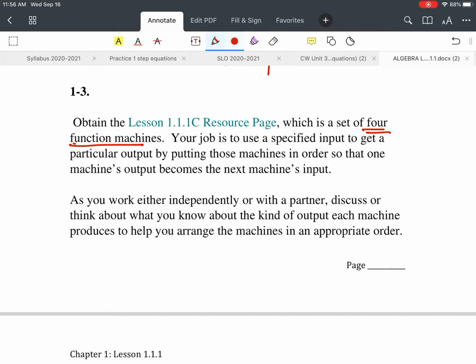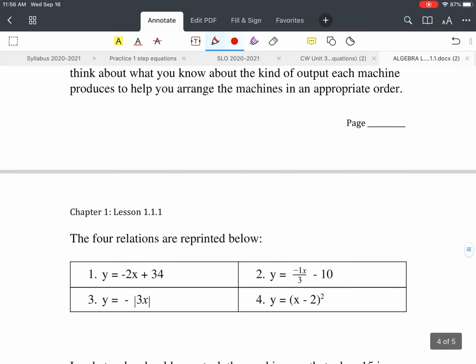Your job is to use a specified input to get a particular output by putting those machines in order so that one machine's output becomes the next machine's input. So that sounds a little crazy, so we're going to work through this together. As you work either independently or with a partner, discuss or think about what you know about the kind of output each machine produces to help you arrange the machines in an appropriate order.